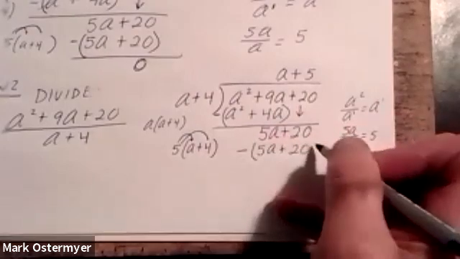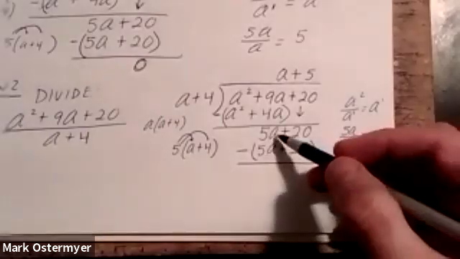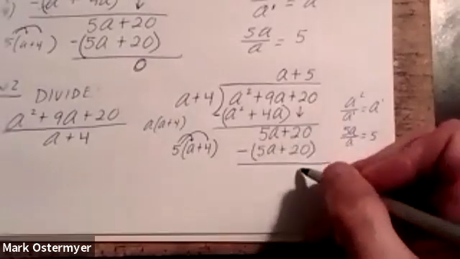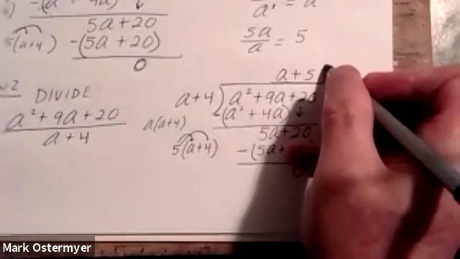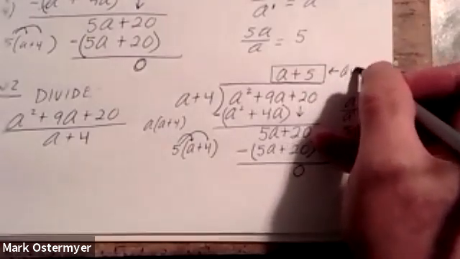Subtract off the whole polynomial. 5a minus itself goes to 0. 20 subtract itself gives us a remainder of 0. There's your quotient, your answer.